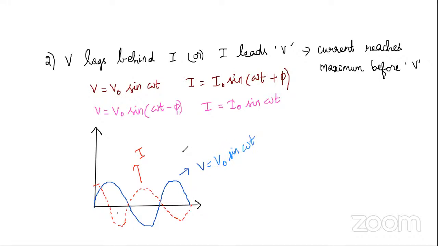And here I is equal to I naught sin omega t plus phi. So current reaches maximum before voltage. I think you can understand all these examples.